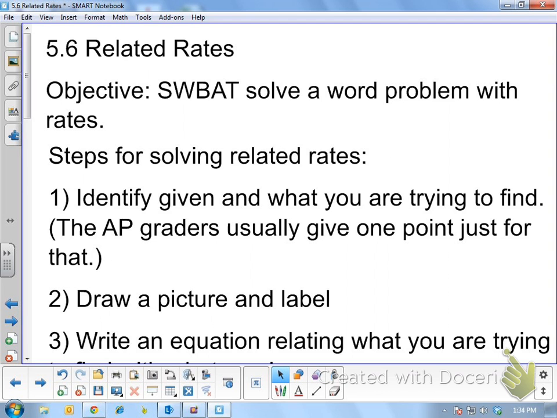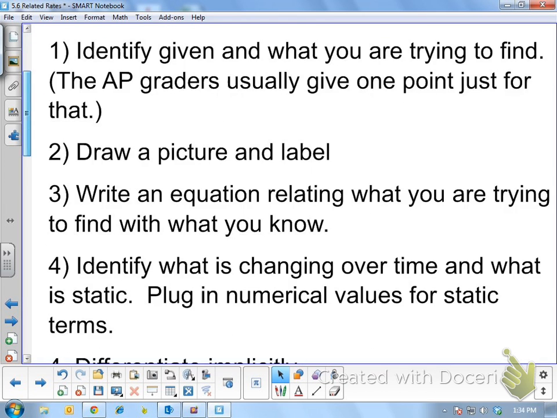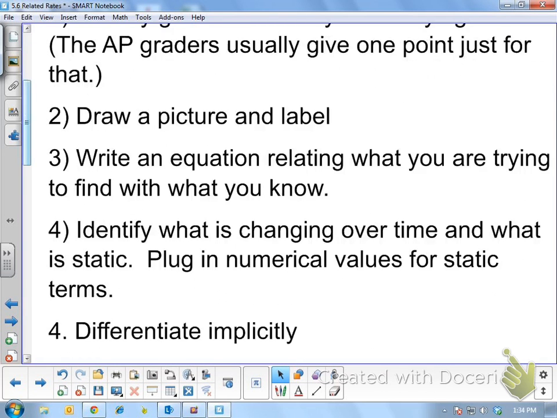After we draw a picture and label, we can write an equation relating what you are trying to find with what you know. Just like with optimization, that part is very similar. When we're trying to write our equation, we need to know what we're looking for, know what we have, and somehow relate those together. It can be any sort of geometric one.